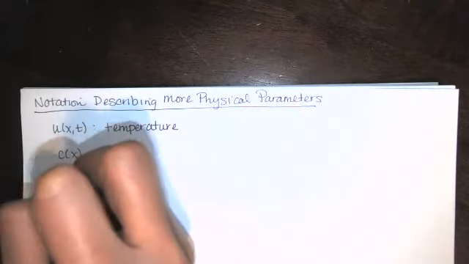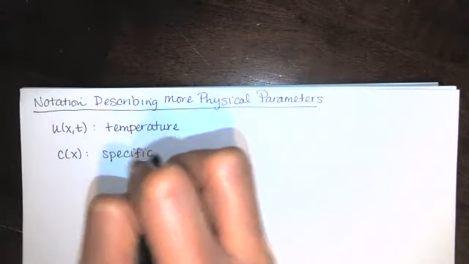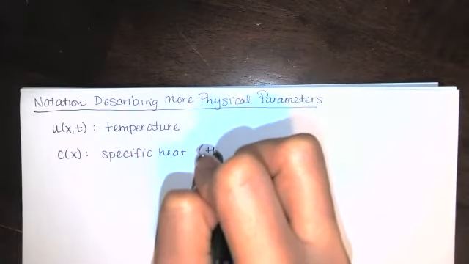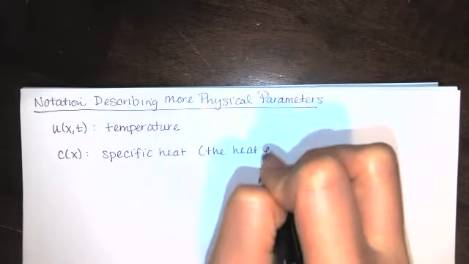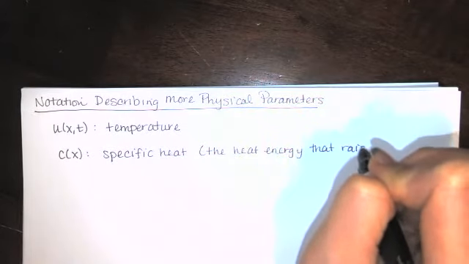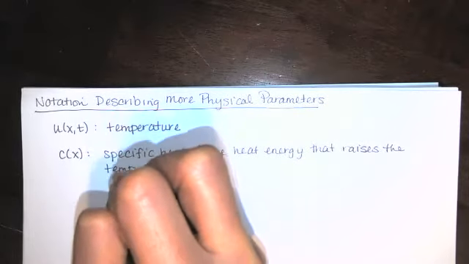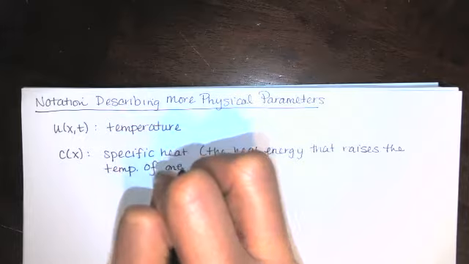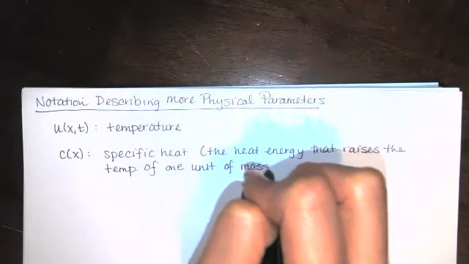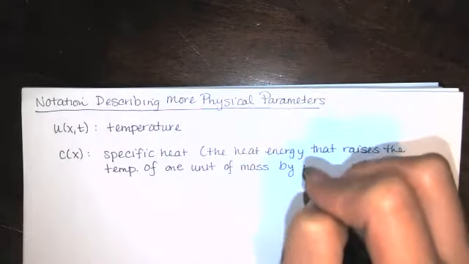Now C is a function of x, and that's going to be the specific heat of the rod. This is the heat energy that raises the temperature of 1 unit of mass of that rod by 1 unit of temperature.